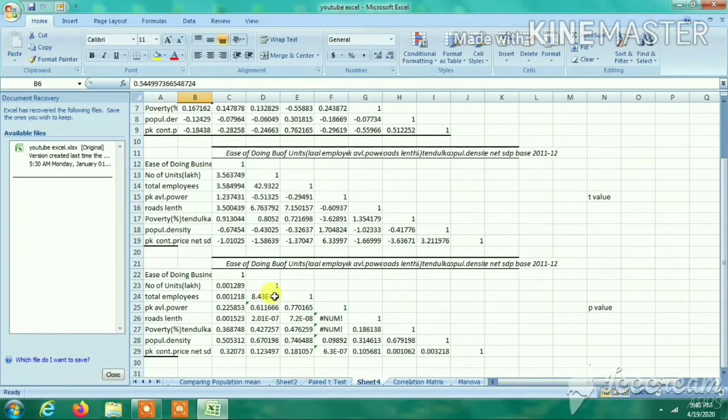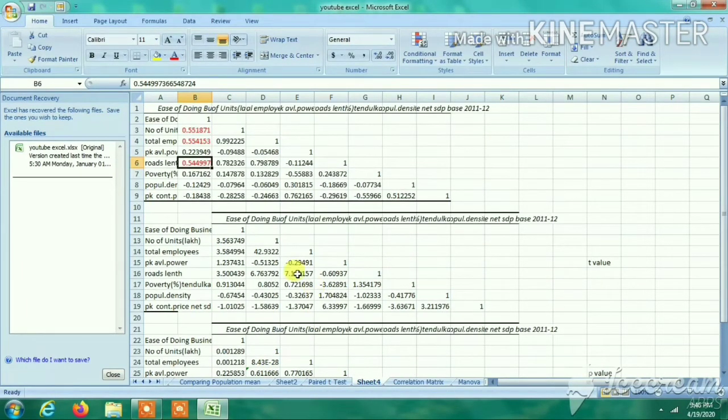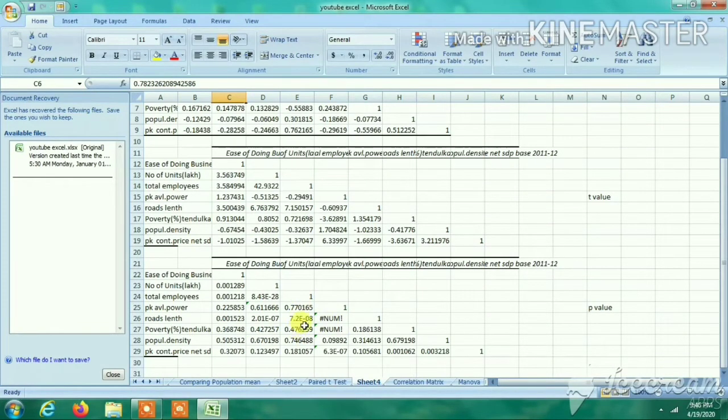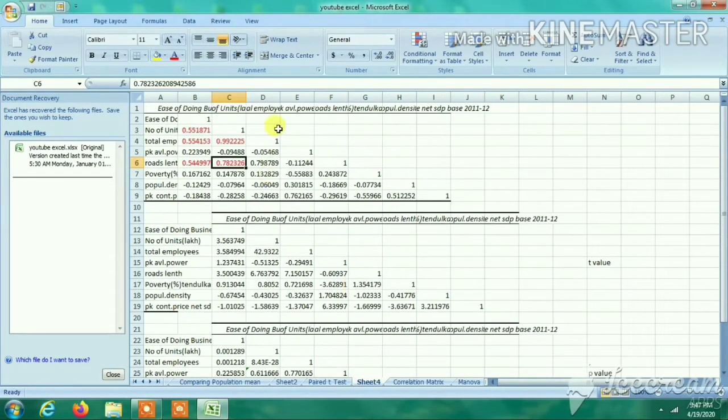Similarly, from the second one, second and fourth are significant. Similarly, from the third one, the third is significant.